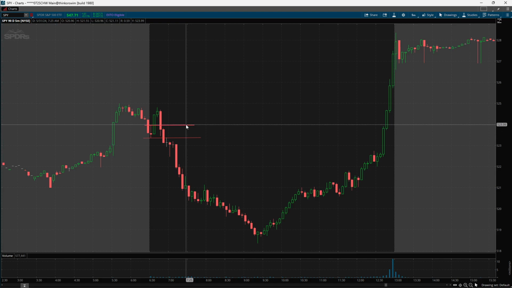Let's say that's your risk and you pretend it's a winner, and it starts drifting up here. By the end of the day you're already up 1, 2, 3 R. Let's say it closes around this 527 area. So you got in at 524, it closes at 527.